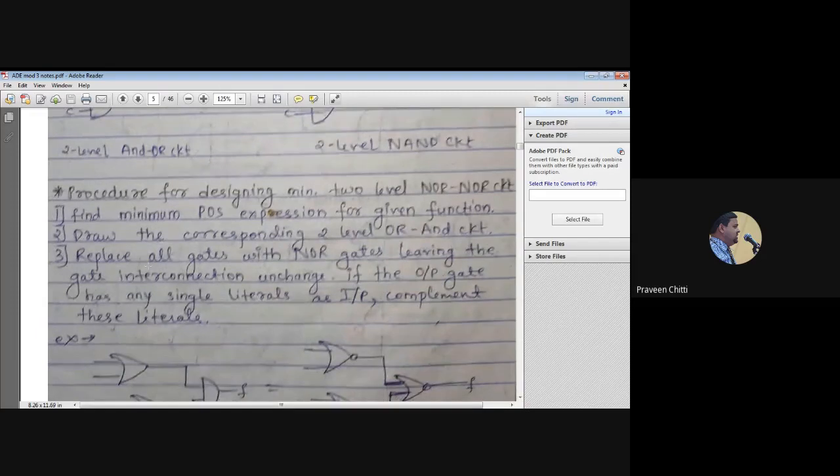You can see here. First, find the minimum POS expression for the given function. Draw the corresponding two-level OR AND circuit. Replace all gates with NOR gates, leaving the gate interconnections unchanged. And if the output gate has any single literal as input, complement that literal.